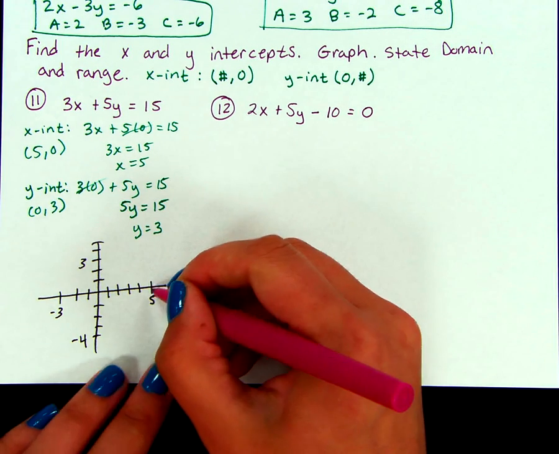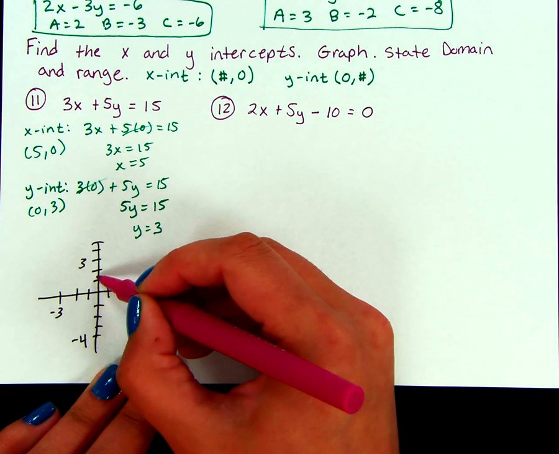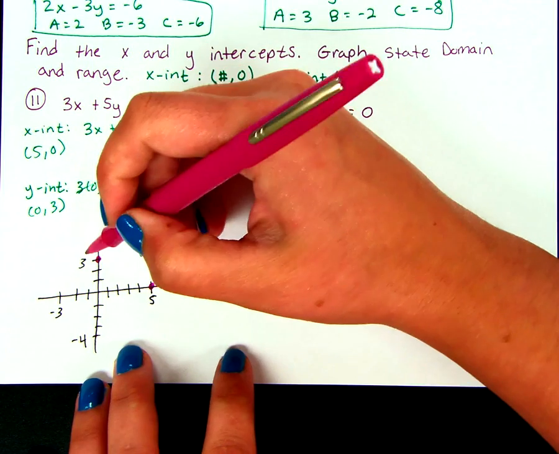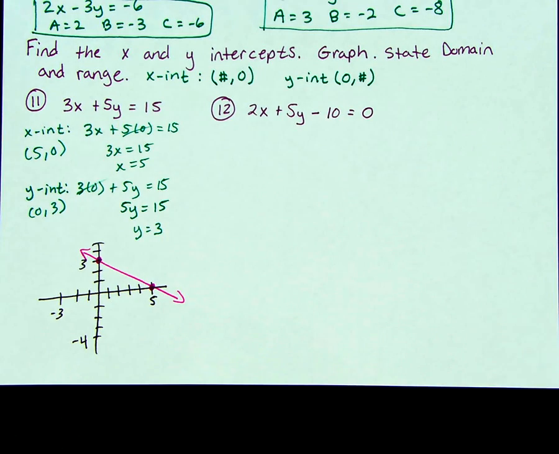And then now we're just going to put our points on there. So 5, 0, so here's our first one. And 0, 3, 1, 2, 3. There we go. And we are going to connect those together. So there is our linear graph. And this is also asking us to find the domain and range.